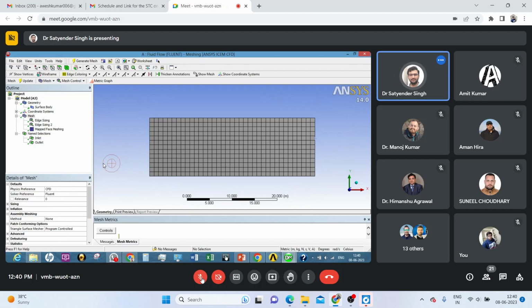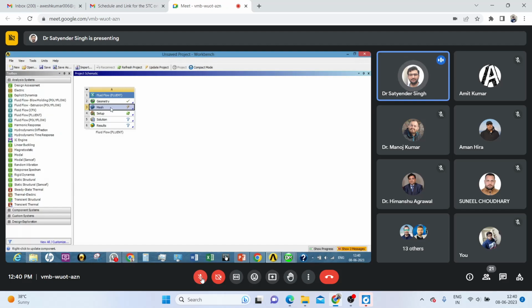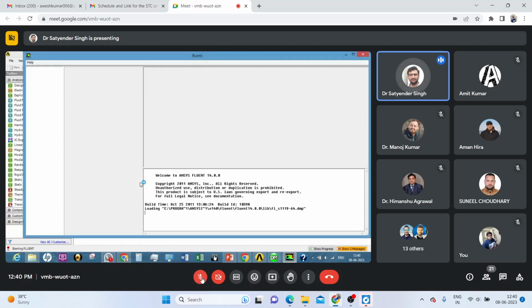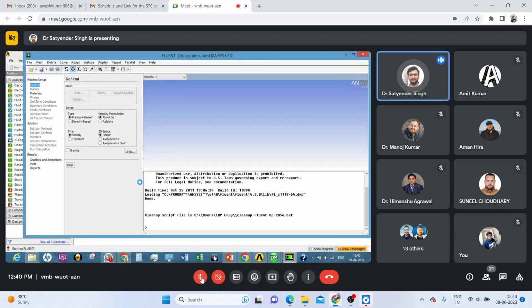So just moving now to the solution. But in the meantime, I'm suggesting your mesh must be according to the physics which is associated with the problem. Accordingly, you need to design it.